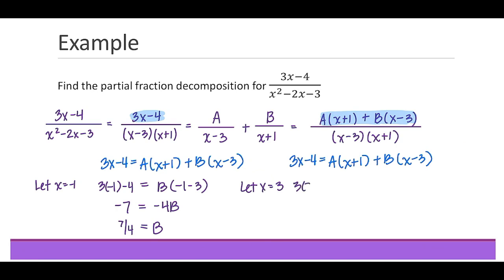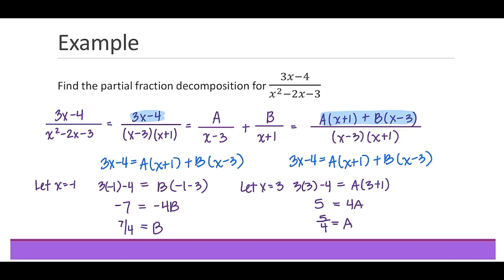Now I have 3 times 3 minus 4 equals a times 3 plus 1, and then plus 0. And so what we have on the left is 9 minus 4, which is 5, equals 4a. And then dividing both sides by 4, I get a is equal to 5/4.